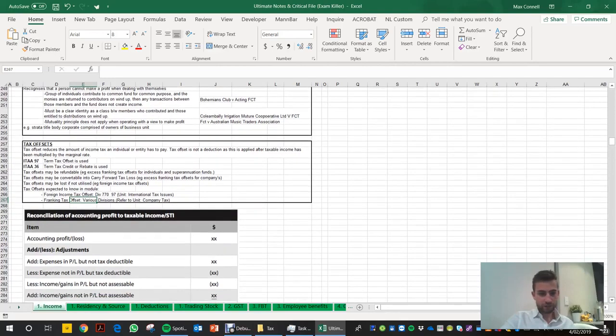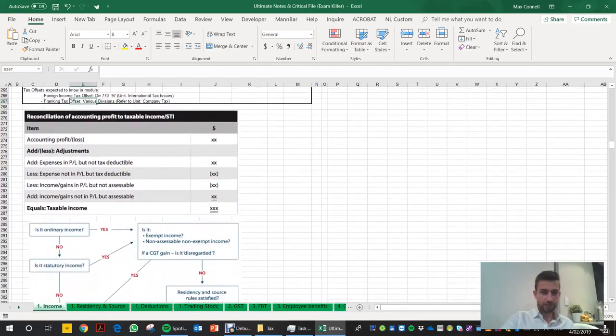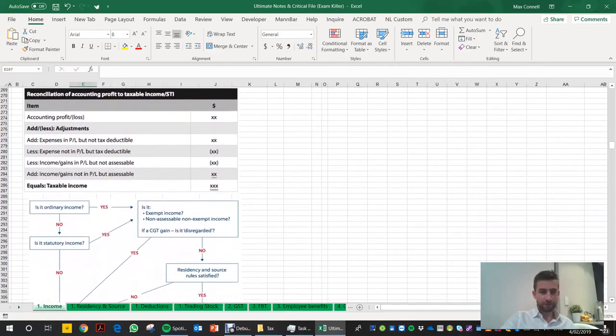Okay, so that's pretty much the first chapter, income. I've just got a screenshot here because it's going to be the most common question in chapter 1 in your quizzes, even in your exams. Almost every exam has at least one tax rec question. What this does is reconcile the difference between your accounting profit, so that's what you've got in your financial statements or your P&L, into your taxable income.